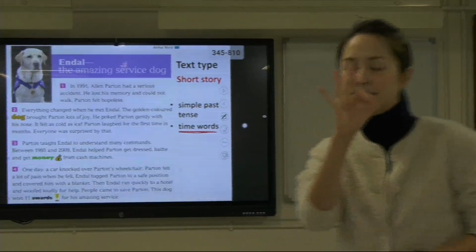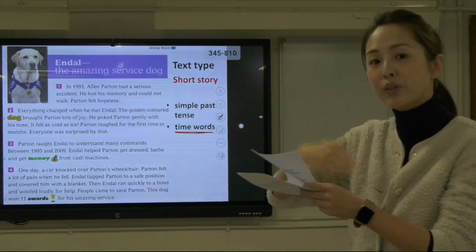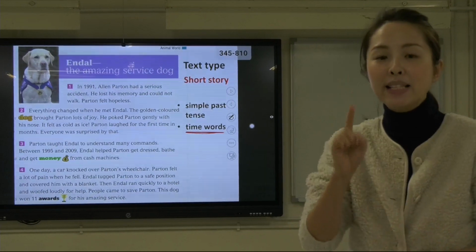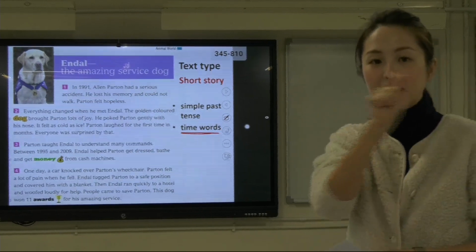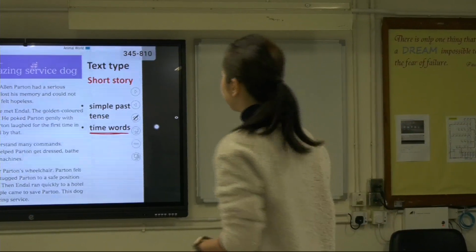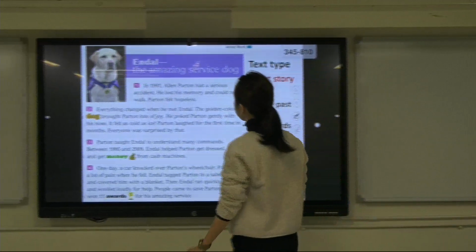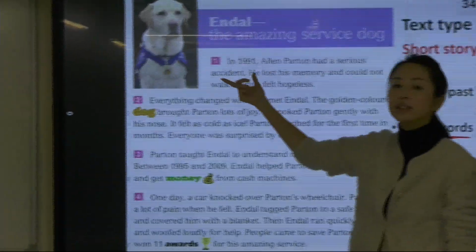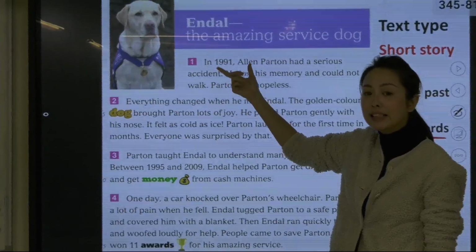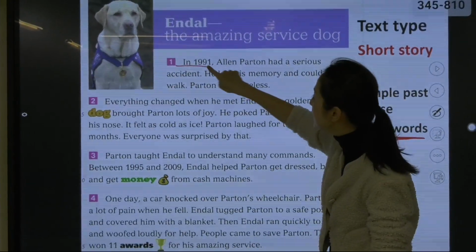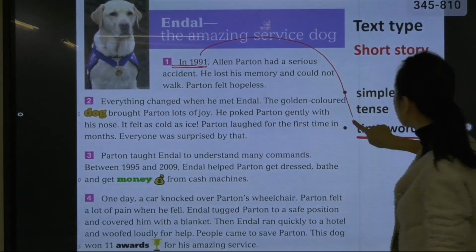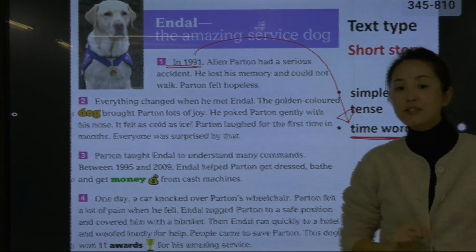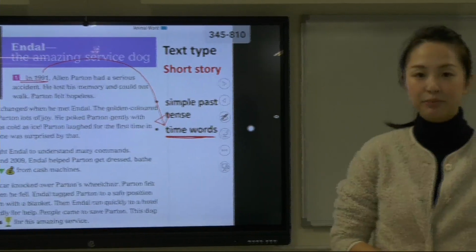I give you 30 seconds to go through your text and find the time words and highlight it, okay? I give you one example. The first one, in 1991. This one is the time word. So please find the other time words in this text.